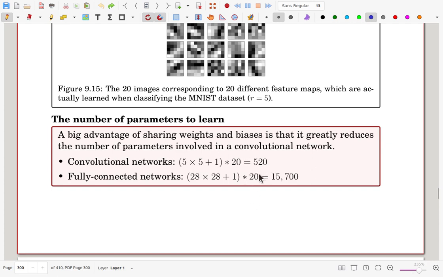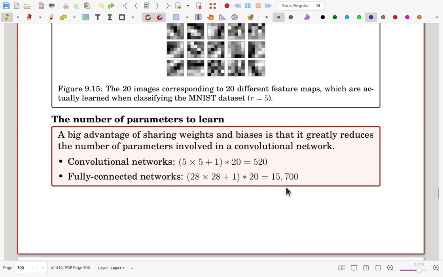But if you try to get 20 neurons in the first hidden layer, then a fully connected network requires 28 squared times 20, and along with the bias, we have more than 15,000 parameters to train, so the shared weights and biases make the network much easier to train.